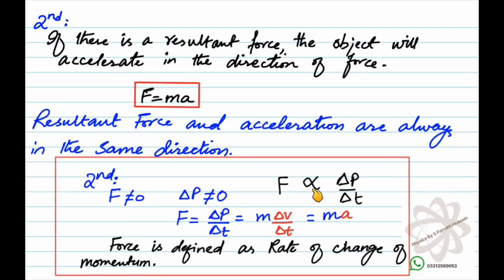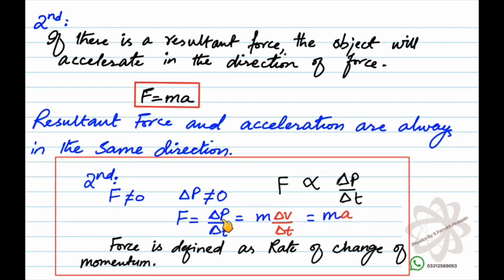When the proportionality constant is removed, the value of the constant is actually 1. That's why we have written F = ΔP/Δt, where ΔP is actually mΔv and Δt stays as it is. Δv/Δt is actually acceleration. Change in velocity per unit time is acceleration.